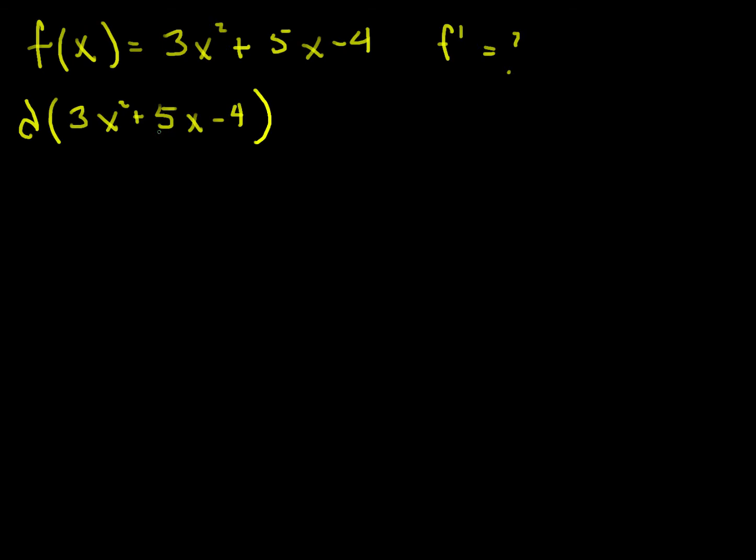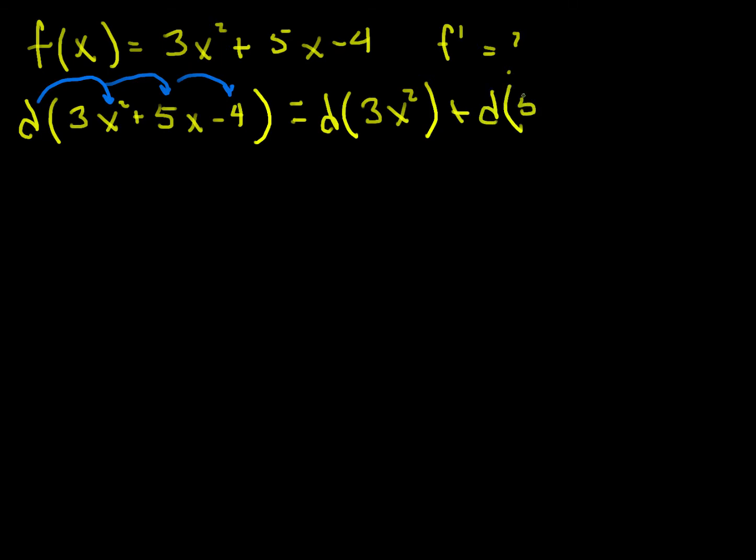So using my sum and difference rule, I know that the differential will distribute right across addition and subtraction, which means I can rewrite this expression as the differential of 3x squared plus the differential of 5x minus the differential of 4.